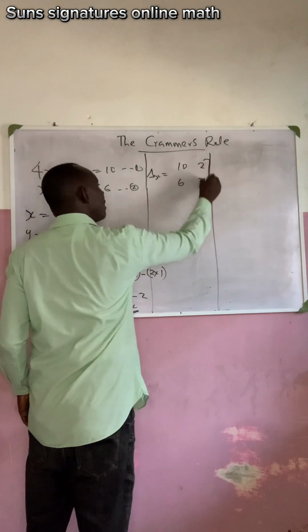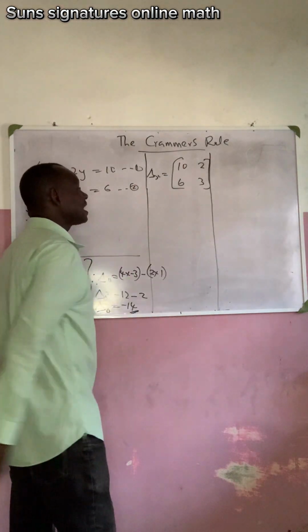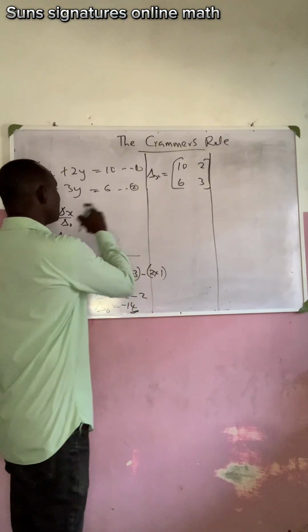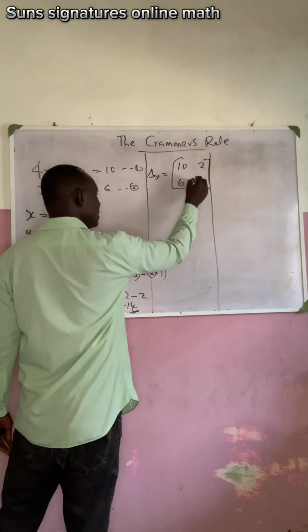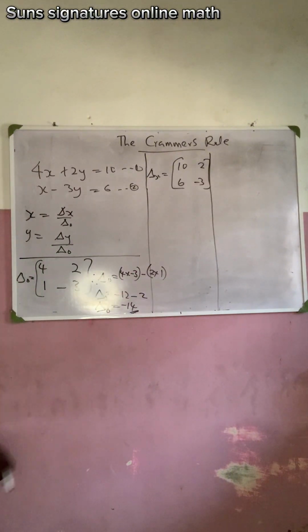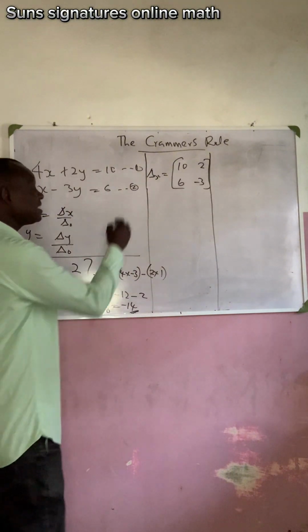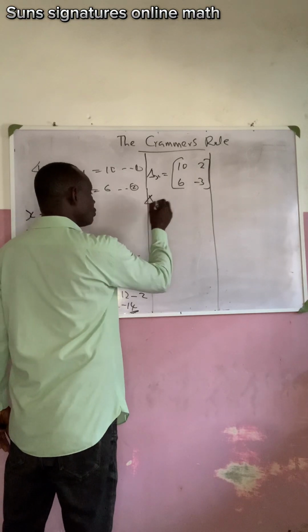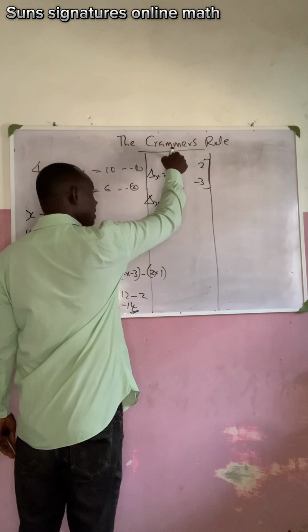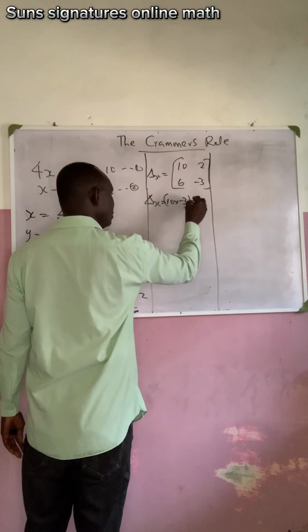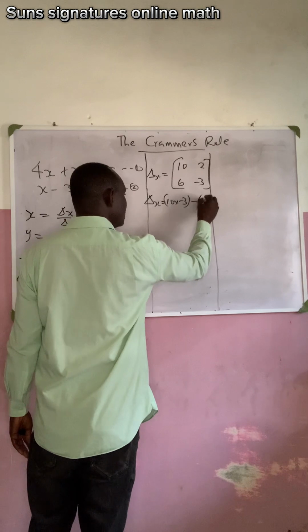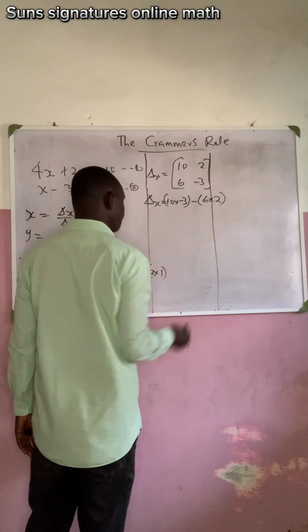So I will now find the determinant of this matrix. Please, you should know that there is a minus sign here, so this 3 will take a minus sign. Now you find the determinant of this matrix by multiplying the major diagonal: this is equal to 10 times minus 3, minus 6 times 2.